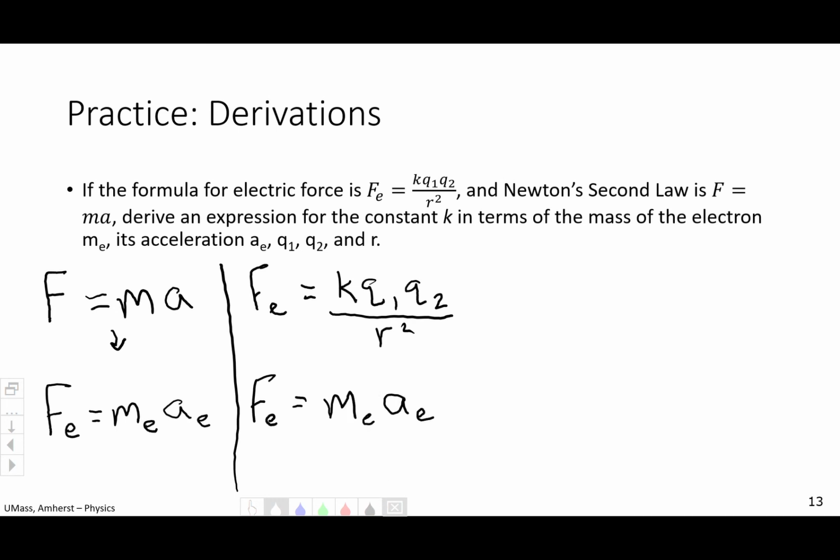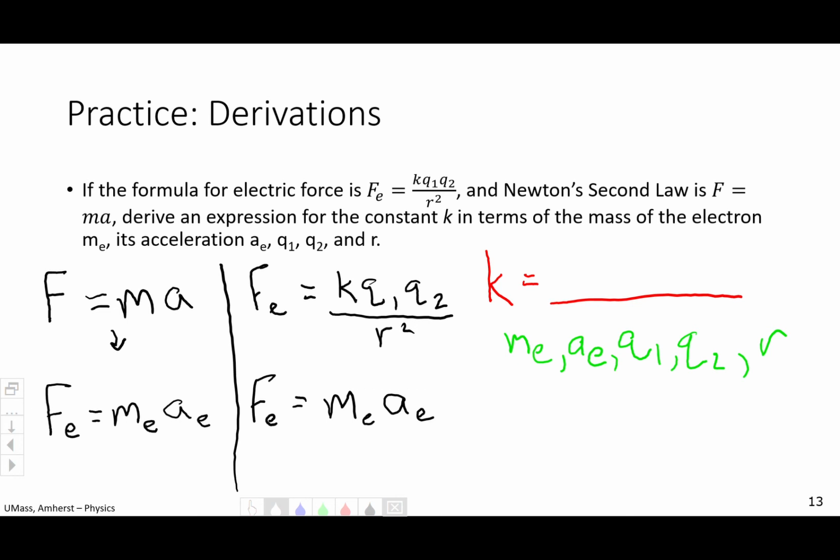We want to solve for the constant k, so we want to end up with something that says k equals blank, and we can only use me, ae, Q1, Q2, and r.